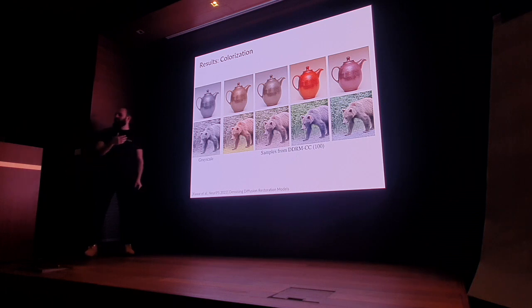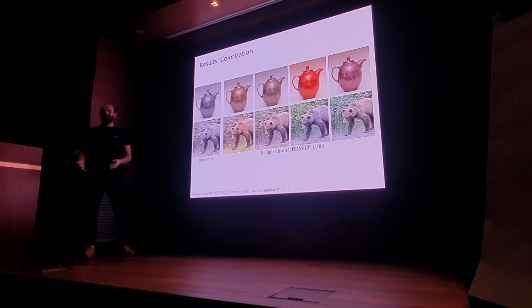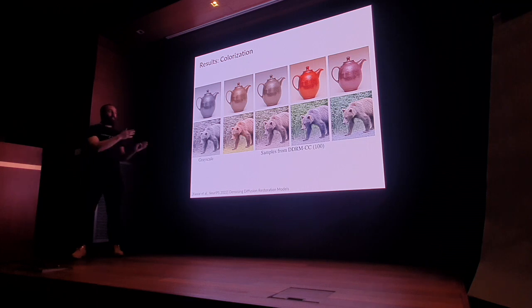Sure, this image was produced by a single image that we saw in our dataset, but if we try to put ourselves in the restoration algorithm's shoes, we only see this grayscale image, and all of these images should be possible. So DDRM can also give us a posterior distribution, if we apply it multiple times.